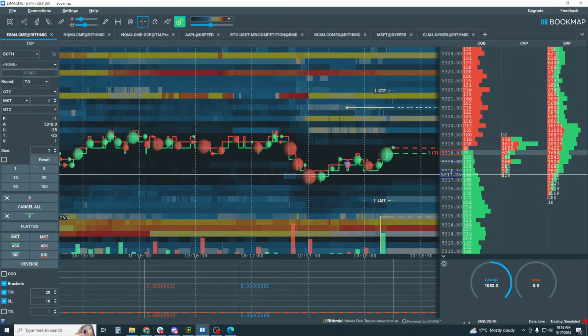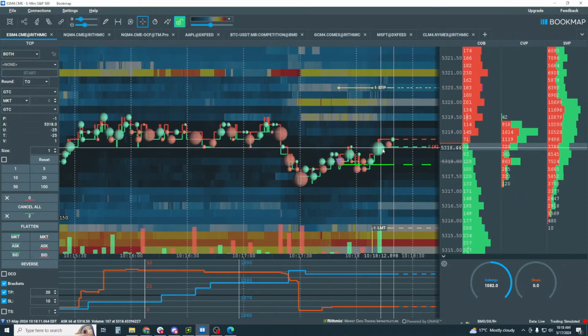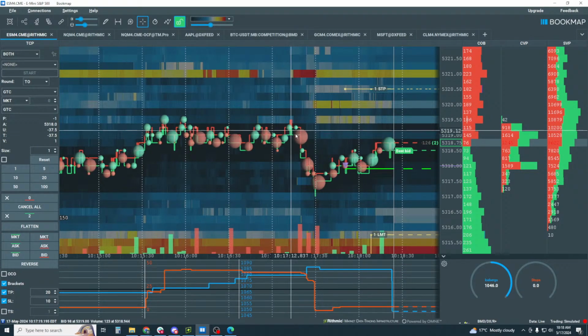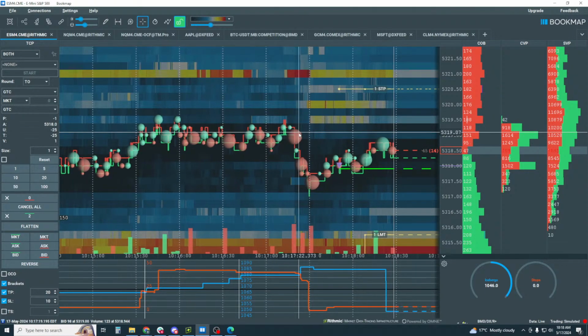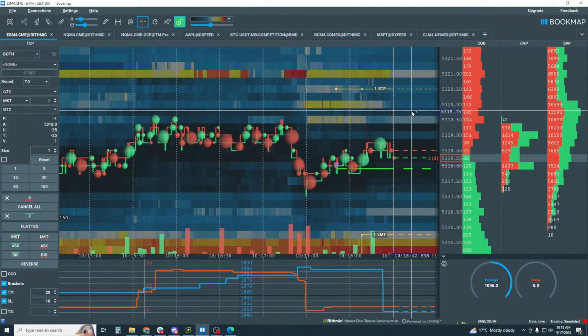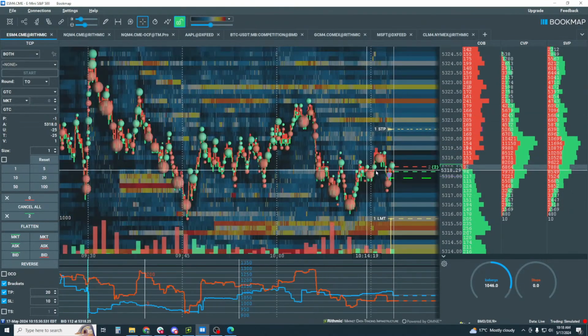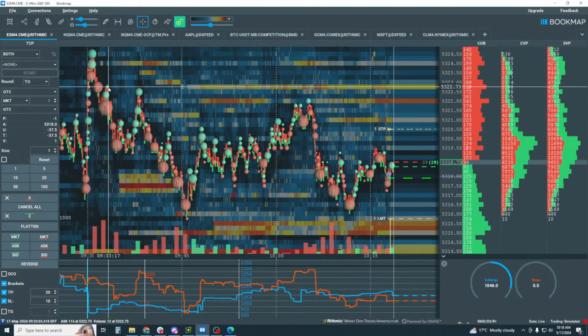If buyers come in, well, that is not what we're looking for. This is outside of our expectations. But they've got to get back up above here, and we're seeing quite a bit of buying, right? But right now, we see more sellers in our criteria in this setup, and in the order flow as well.